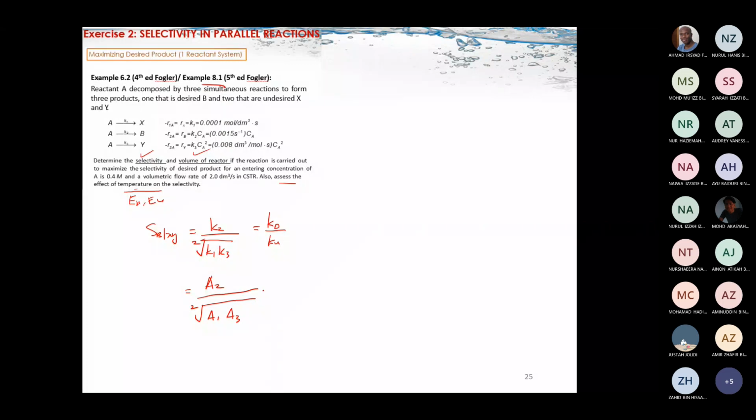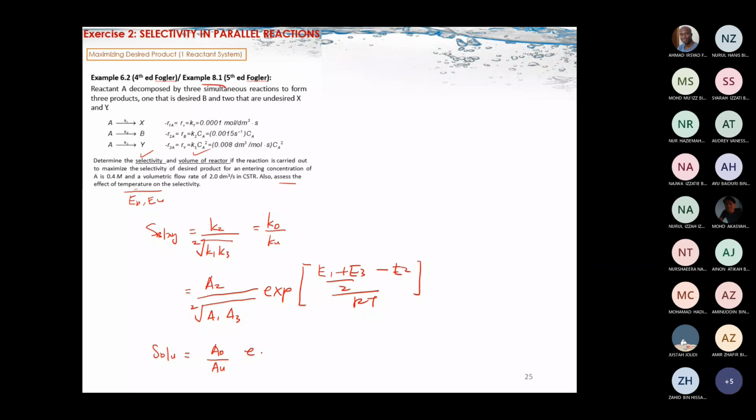Okay, eksponenkan dengan, okay, this one K1 and K3 kan, so E1 plus the E3 over 2 minus the E2 over RT. Okay, so whereby kalau kita tengok standard punya equation adalah, kalau you remember yang awal-awal tadi, SDU is equal to AD over the AU.